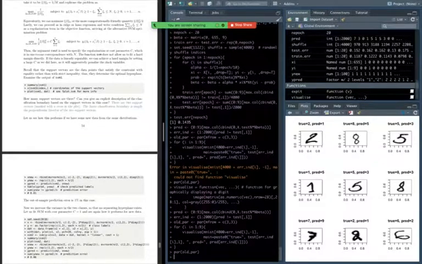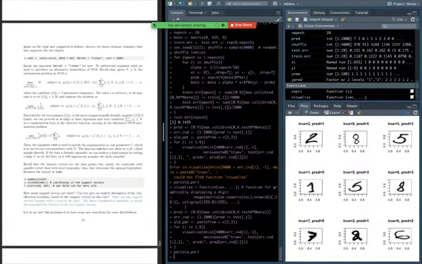I want to know, you said in the practicals that the argument cost is used to specify the regularization or cost parameter C, which is in one-to-one correspondence with N. I want to know why it's a one-to-one correspondence. So this is the same as with ridge and lasso.